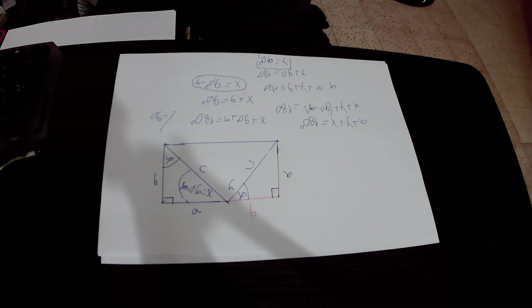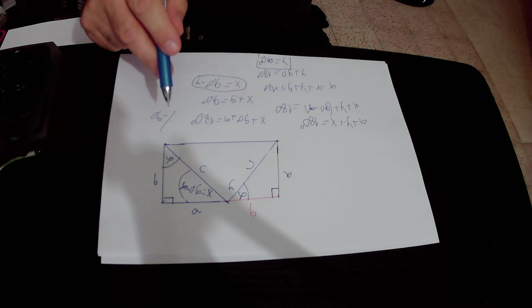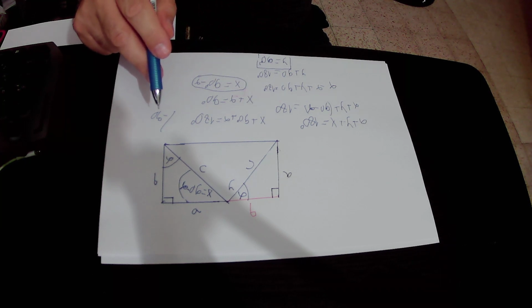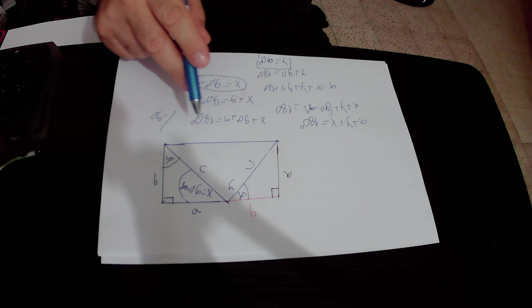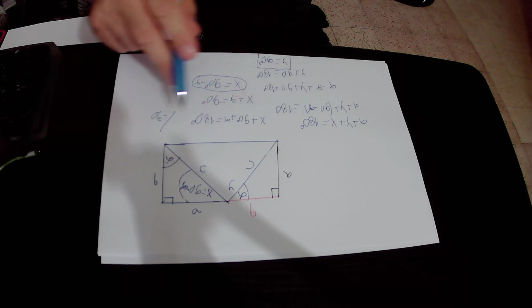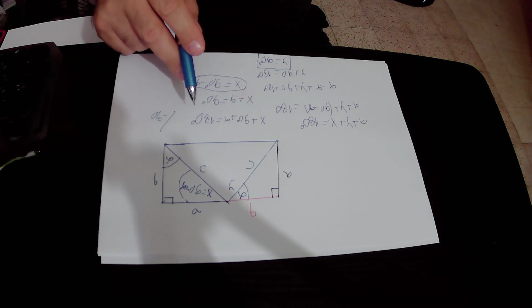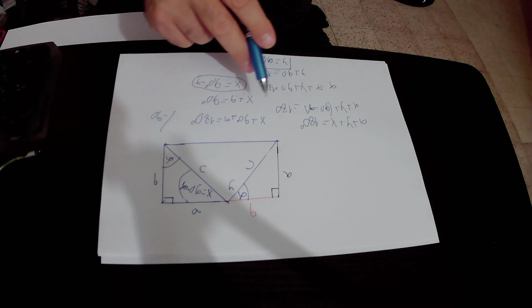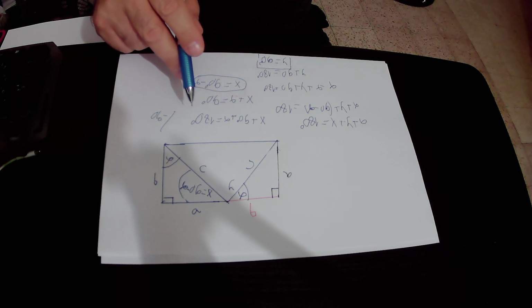So, the first way to calculate the area of the trapeze is actually the area of a trapeze is the sum of the parallel sides times the height of the trapeze divided by 2.